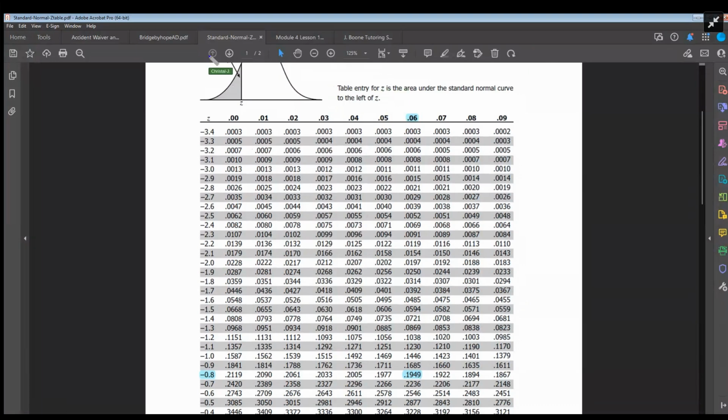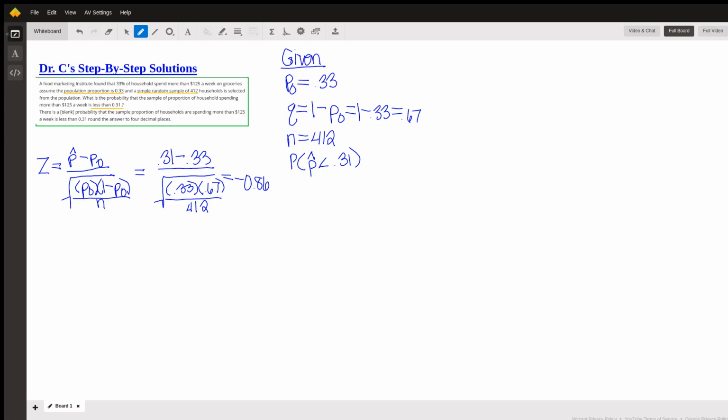So the probability of Z being less than negative 0.86, which is equivalent to P hat being less than 0.31, is 0.1949. I'll just put it over here as well, 0.1949.